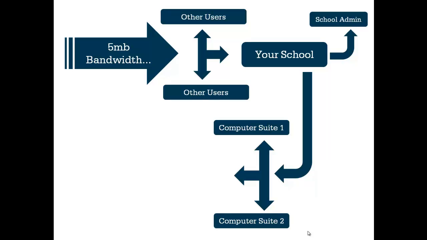So of the 5 meg that your ISP tell you you're getting, maybe you're getting 2 meg. If those then go through to school admin, who maybe skim off some of it, the rest comes through to the 2 school computer suites. If you have 20 computers there, all on the internet, they're going to use up a lot of bandwidth. Which means that out of that 5 meg, there's not a lot left for your VC.